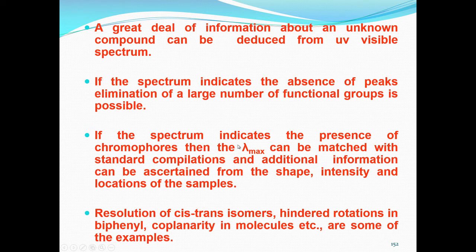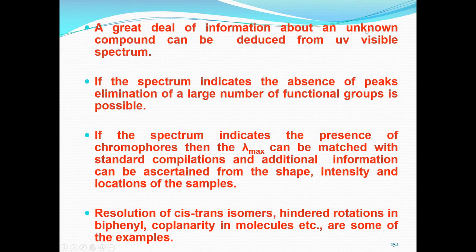If there are some peaks, then we say that there is a chromophore, and the chromophore has to give some sort of a peak in the UV and visible region. Now, you can match them with standard compounds, compilations, and there are a number of compendiums available for organic compounds. The peaks have been recorded, and if the peaks match with respect to wavelength and intensity, you can say that this peak has been matched in such a compound.